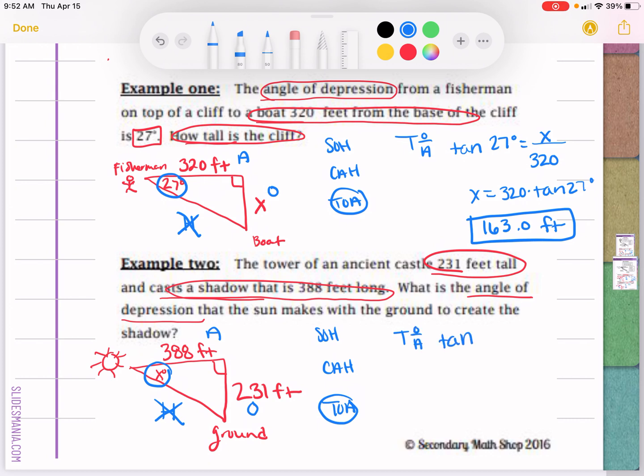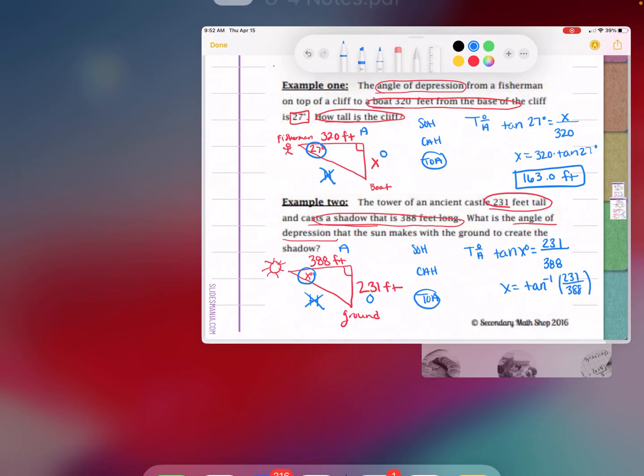So we have tan x degrees equals 231 over 388. And here we're solving for a missing angle. So to get x by itself, you move tan to the other side, and you put the inverse sign, the -1. So now I'm ready to plug this into the calculator. So I'm going to plug in tan -1 of 231 over 388.